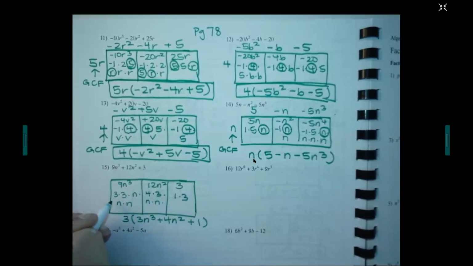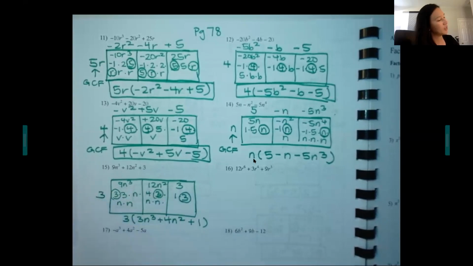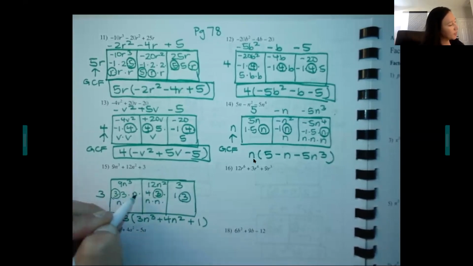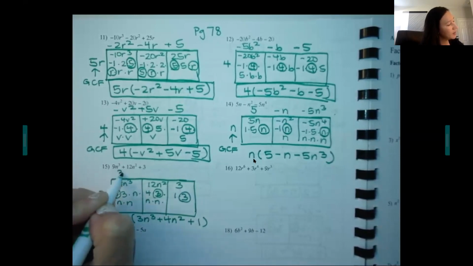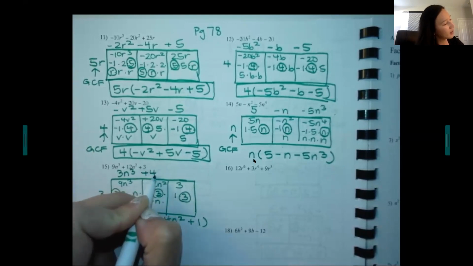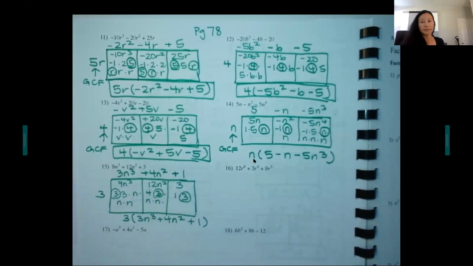The 3. So that's my GCF. And then I'm left with exactly what you gave me down here. So 3 times 1, 2, 3 n's, 3n to the third, 4 times n, which is 4n squared, and then just a 1. Very good. Thank you, Tiana.